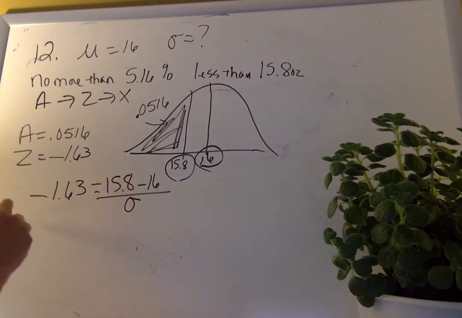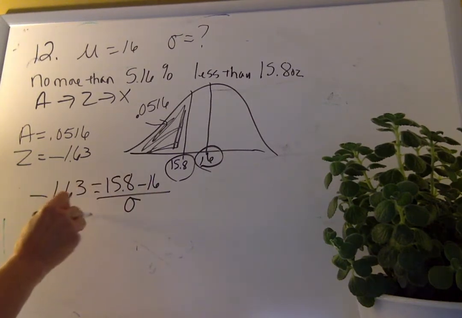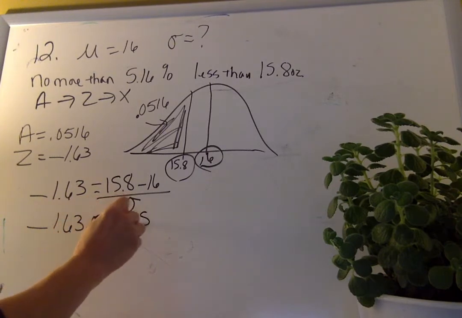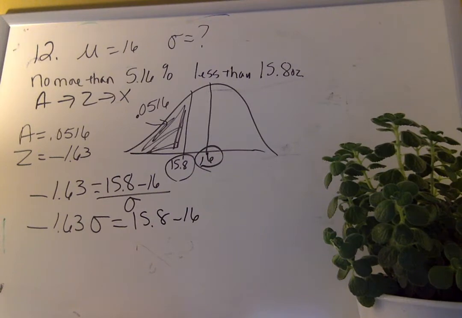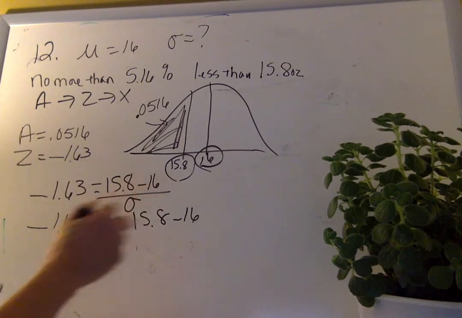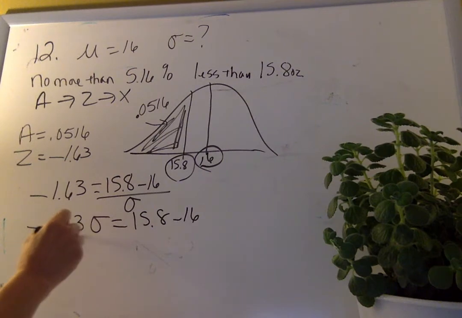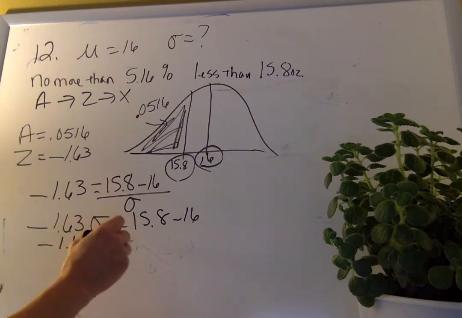Try solving that yourself, then unpause, and if you didn't get it right, let's see. Okay, we're going to multiply both sides by sigma. You might as well go ahead and figure out what 15.8 minus 16 is. So that should be negative 0.2.